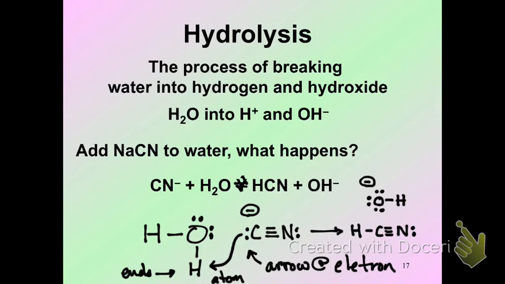So I'm going to form a bond there. This is Lewis acid-base theory that you had mentioned earlier. When you bring a pair of electrons in Lewis acid-base theory, you're going to form a bond. And when that bond forms, how many bonds can hydrogen have? One. So it's got to get rid of that pair of electrons. Otherwise, it'll be bonded to two things at the same time.